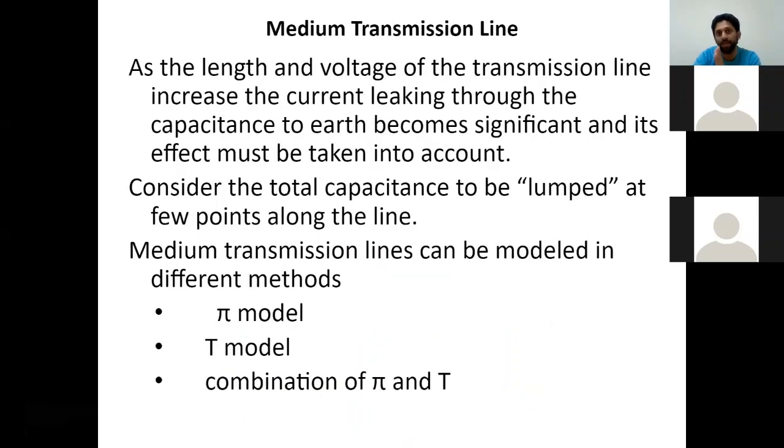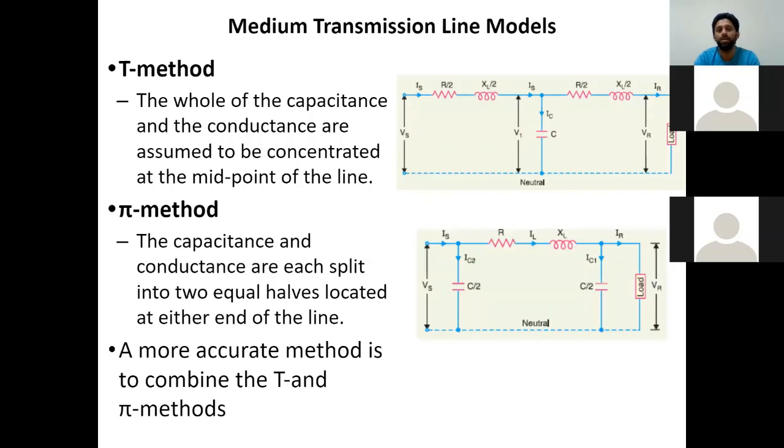Then the medium transmission line: there is sufficient length, more than 80 and less than 240 kilometers. So you have to consider capacitance. And where we connect the capacitance, based on that, we have two main models. One is the T model and the other is the pi model. In the T model, the whole capacitive reactance is connected in the middle, and the resistance and inductance are divided in half.